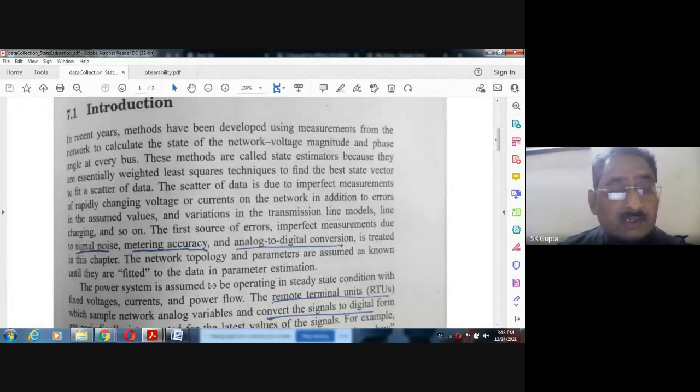Whatever data is collected through the remotes, first of all we should minimize the noise from the signal. The accuracy of the meter is a very important factor. We need to convert analog to digital wherever required.